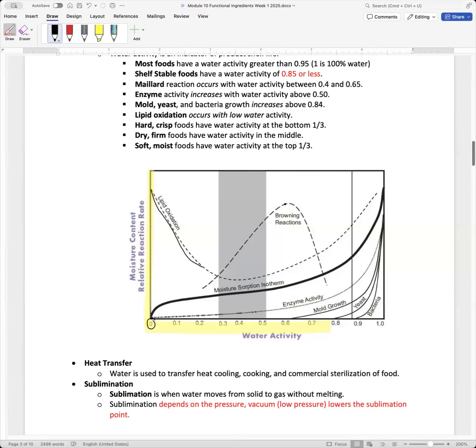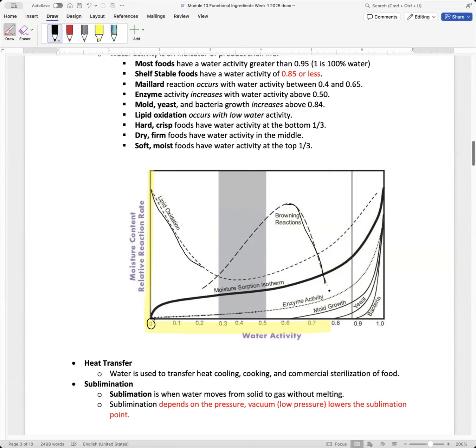Browning reactions occur when it's pretty dry, but when it gets really wet, browning reactions, like a Maillard reaction, stop. That makes sense to us because if you are frying or grilling or barbecuing a steak or broiling, you're going to get a browning reaction.